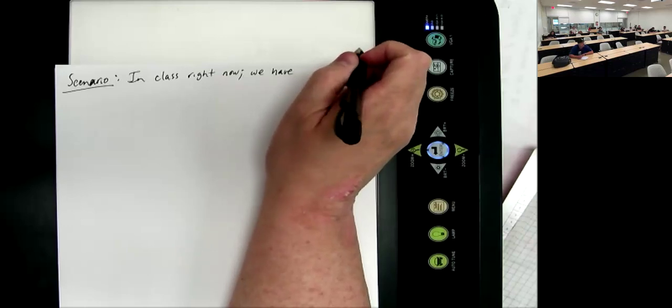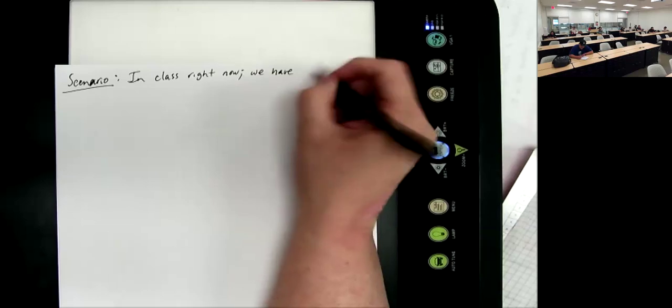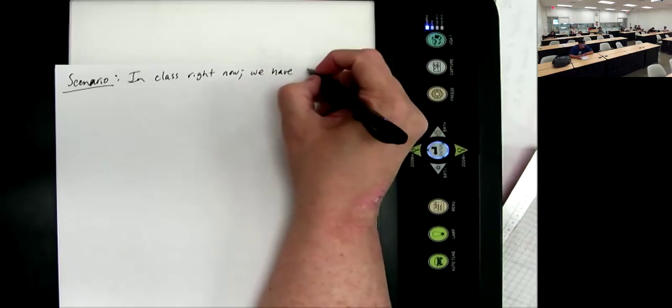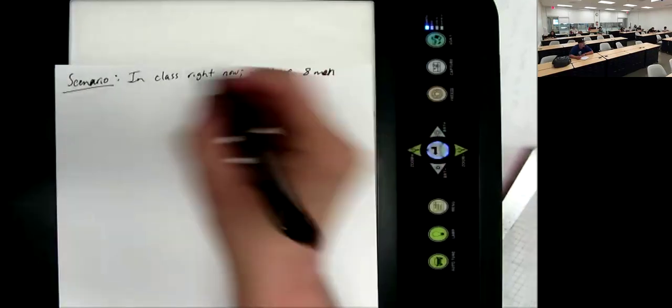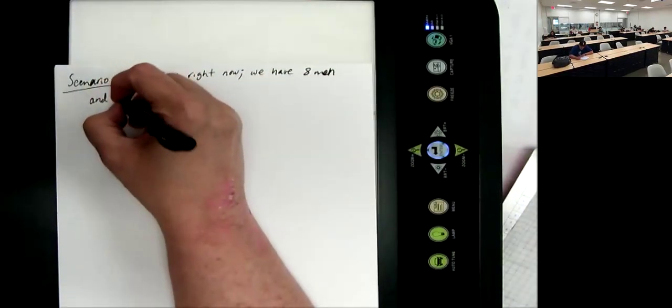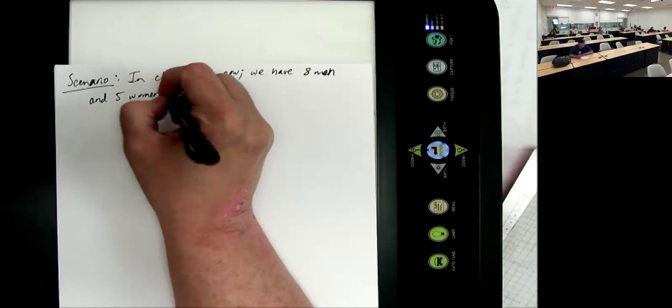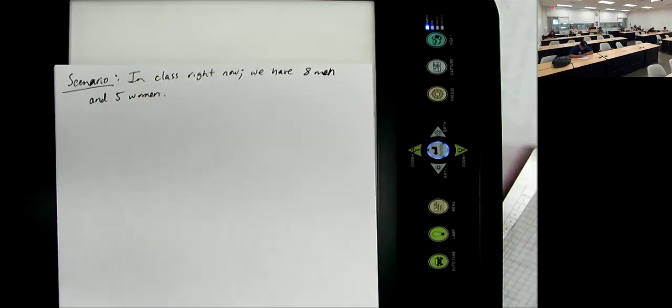If you don't, work with me here, we need two outcomes, right? We have 8 men and 5 women. Or if I misidentified your gender, I'm sorry, but I'm not saying who's the women and who's the men.